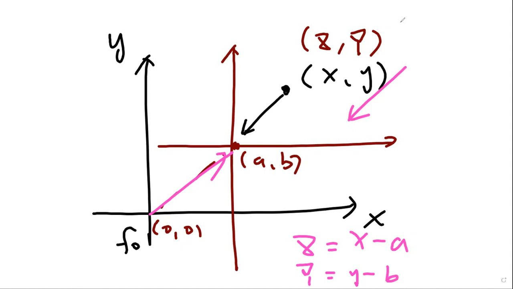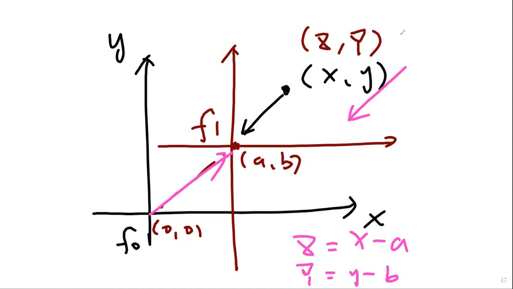Your object has no motion, but your observation point moves to the a, b location. Your original coordinate, looking at frame 0, is small x and small y.